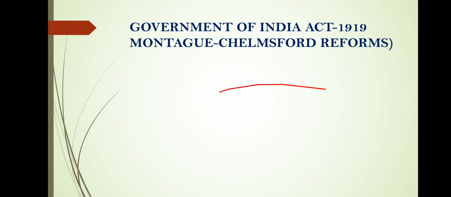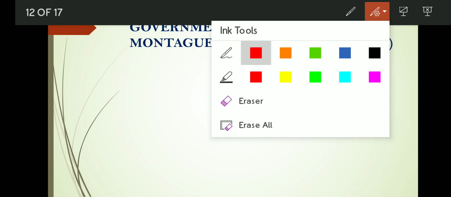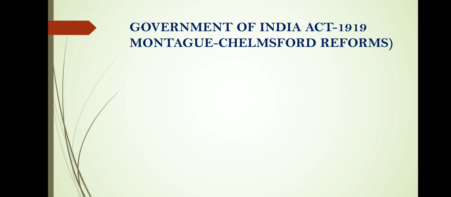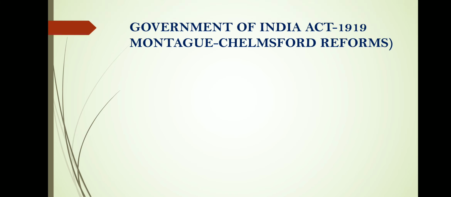So next one is the Government of India Act 1919, or Montagu-Chelmsford Reforms. Here Montagu was the Secretary of State and Chelmsford was the Viceroy at this time.